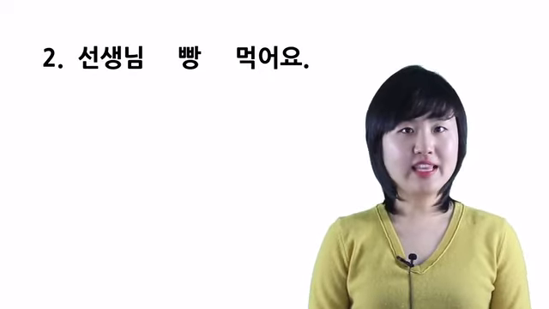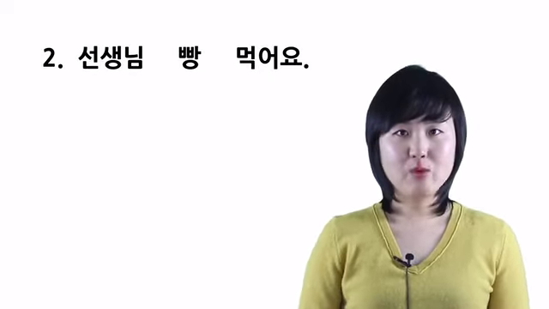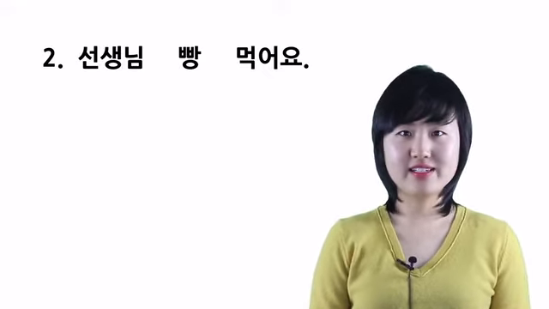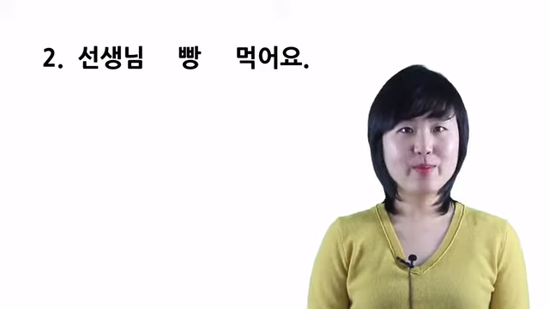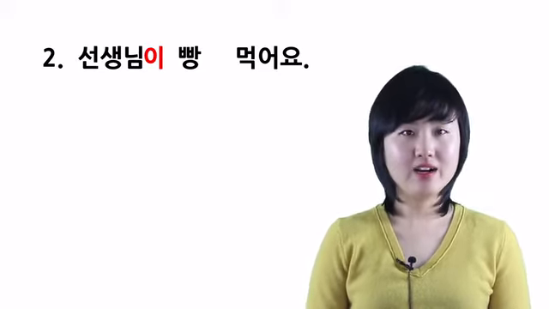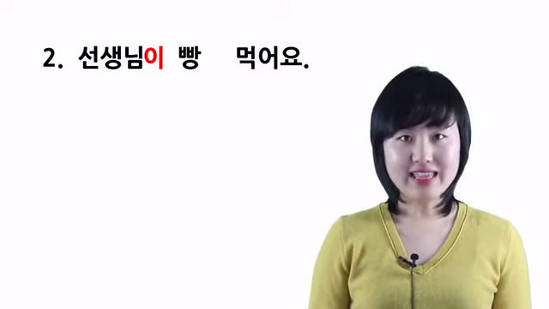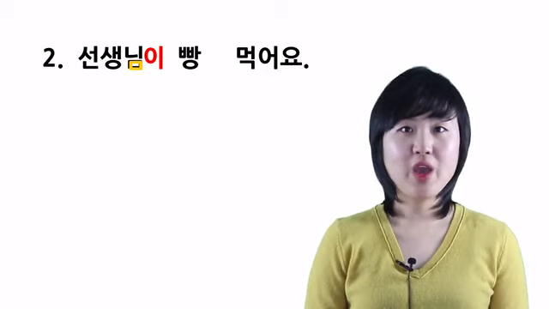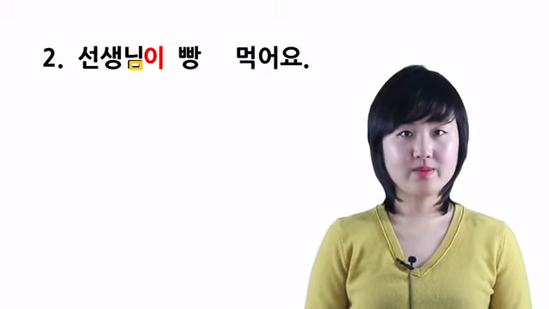Now let's take a look at the second sentence. I want to make 선생님 a subject in a sentence. To do that, this time I need to add the letter 이 instead of 가. Why? Because the last letter of the word 선생님 has a 받침, which is a final consonant.